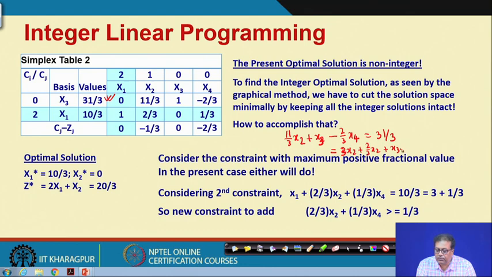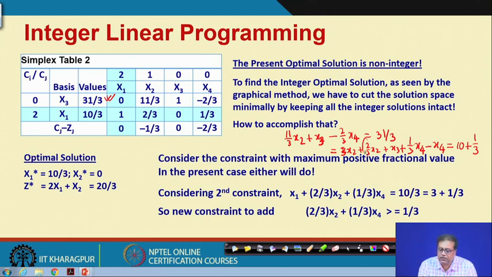So, you can write 1 by 3 x4 minus x4, equal to 31 by 3, which is 10 plus 1 by 3. Now, take only the positive fractional part in the coefficient and in value.